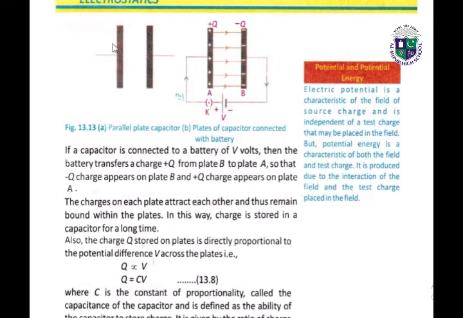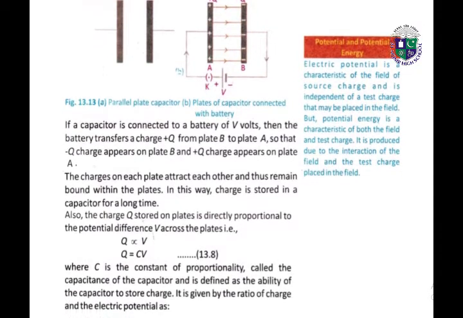So here in part A of figure 13.13 we have the parallel plate capacitor. The medium between them can be air or any insulator. Same figure part B shows the plates of capacitors which are connected with a battery.